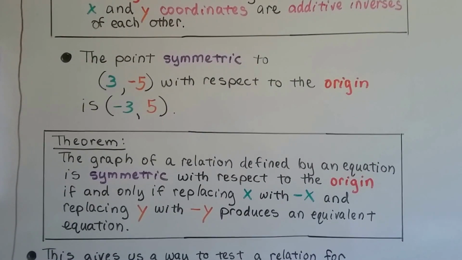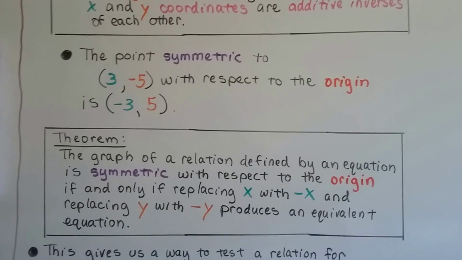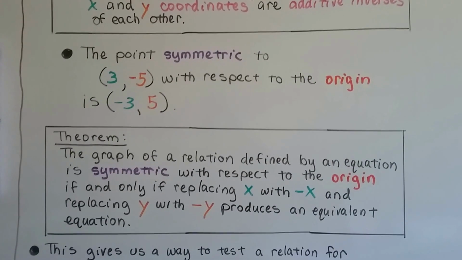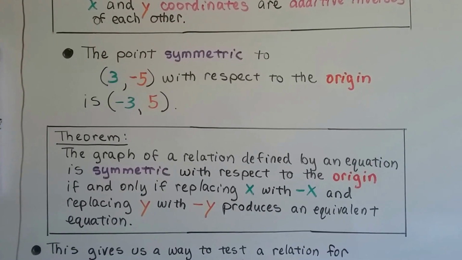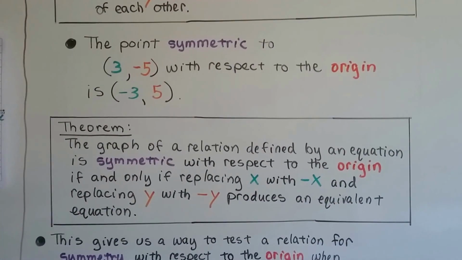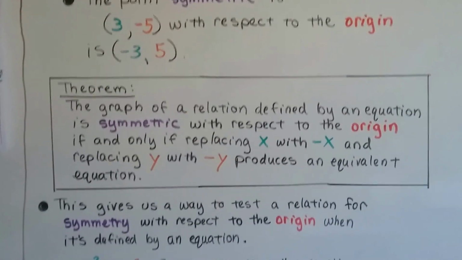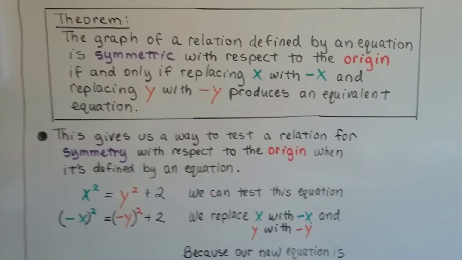The graph of a relation defined by an equation is symmetric with respect to the origin if and only if replacing x with the inverse of x and replacing y with the inverse of y produces an equivalent equation. So if we swap these, we're going to have an equivalent equation. So let's take a look at this second theorem.